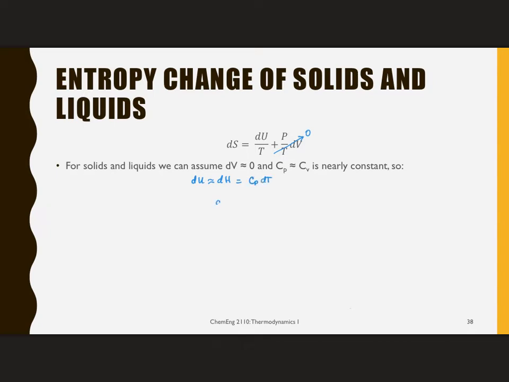That means that, and this is the specific value, ds is c sub p dT over T.